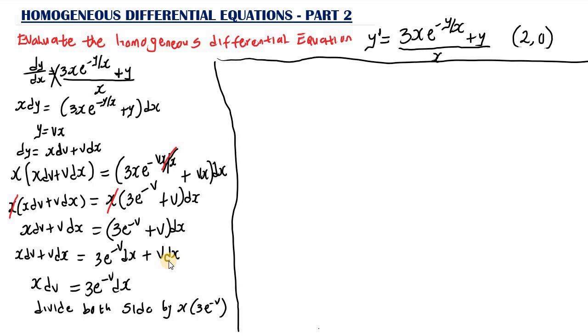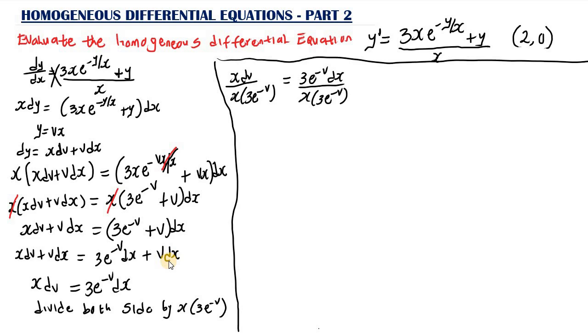So if we divide both sides by s multiplied by 3e raised to the power of negative v, this is s dv divided by s multiplied by 3e raised to the power of negative v, is equal to 3e raised to the power of negative v ds divided by s multiplied by 3e raised to the power of negative v.